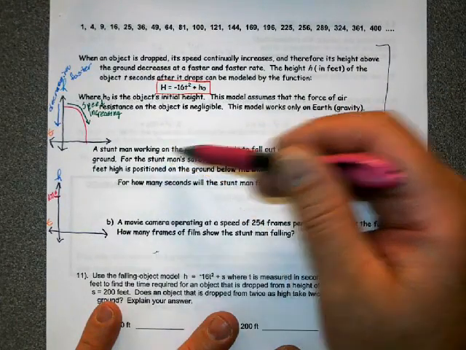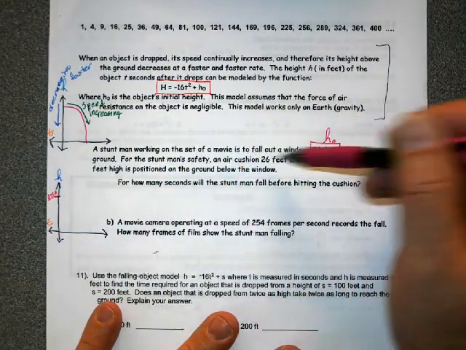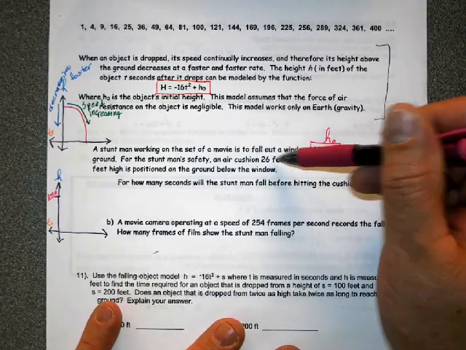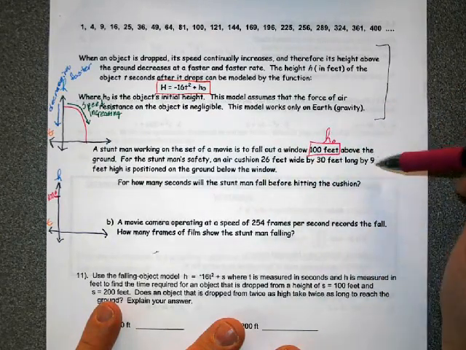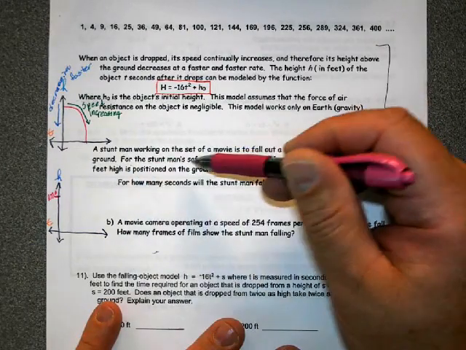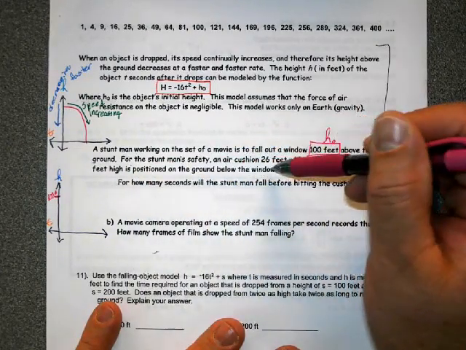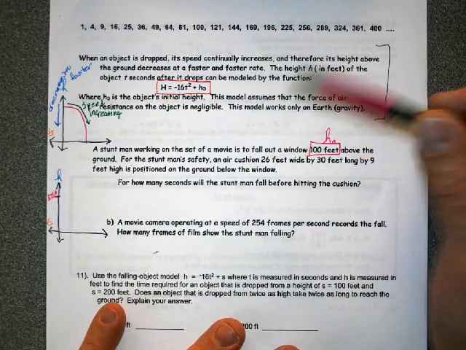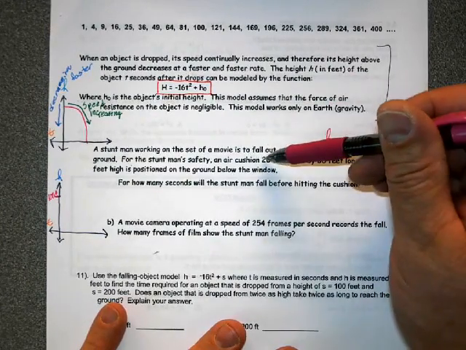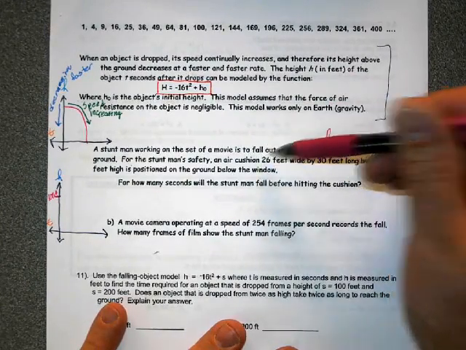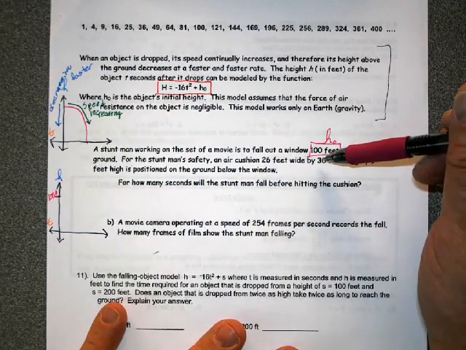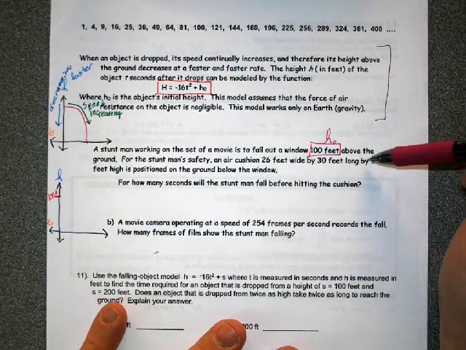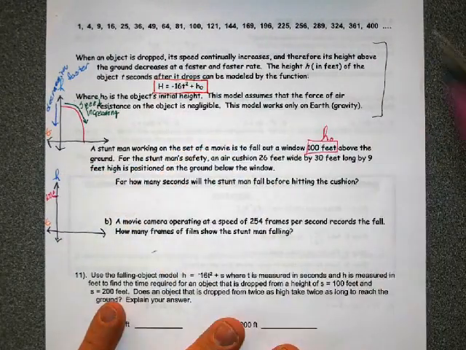For the stuntman's safety, an air cushion 26 feet wide by 30 feet long by 9 feet high is positioned on the ground below the window. So since we're in 2 dimensions, we really don't care about the 26 length and the width, but we do care about the height because I have a height axis.